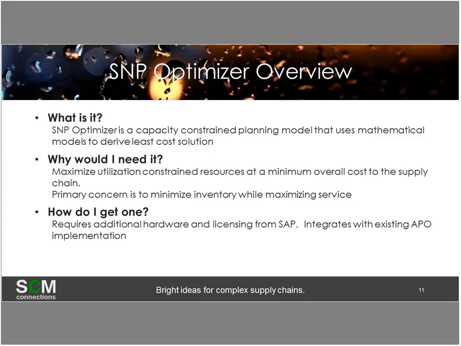So if you have plenty of capacity and you don't really have any constraints on what you can manufacture when, the optimizer is probably not a great scenario for you. It's not going to give you too much benefit. It's going to give you the same answer that you'd get with a heuristic, only it's going to take longer and it's harder to support.